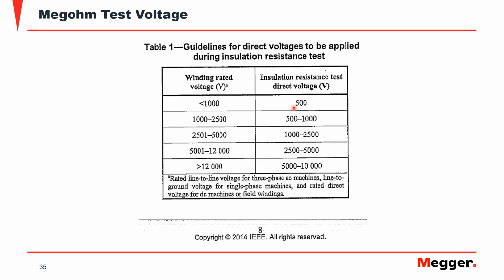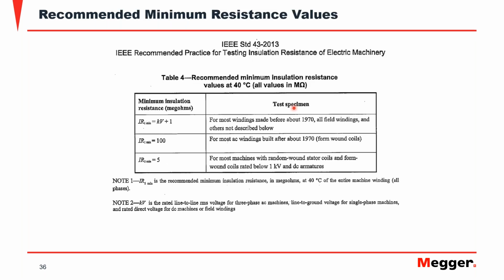The second thing, do the test for at least 1 minute so that you can get a result that's consistent over time. And always, always, always measure the temperature at which you took the resistance measurement and correct that resistance measurement to 40 degrees. Remember what I mentioned before, that for every 10-degree increase in temperature, the resistance drops by half.